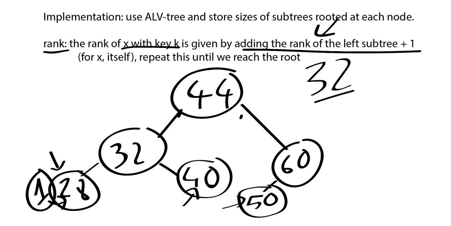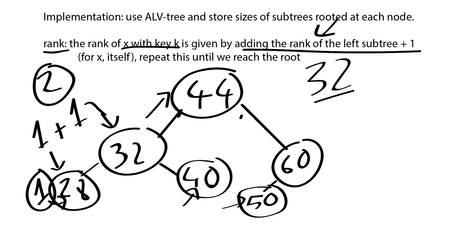So this is going to be 1 plus 1, because this 1 we added is for itself, and then we go all the way up to the root. So far we have rank 2, and then what do we add? Well, we go up here to 44. We see that we can't really add the left subtree of 44 because 32 is in the left subtree.